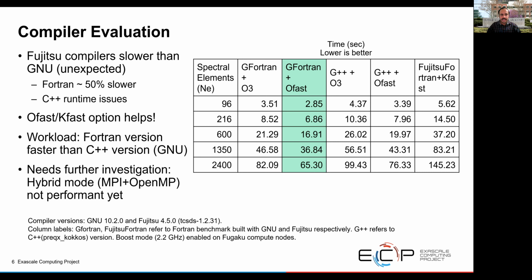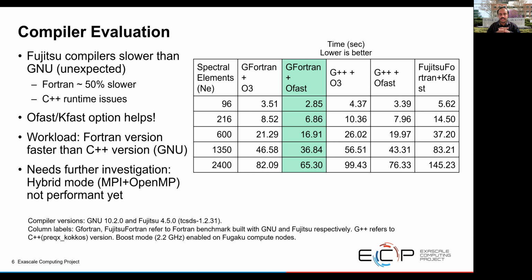But as it stands, GNU Fortran is twice as fast as Fujitsu Fortran for us. The C++ compiler does have some runtime issues; there are accuracy issues with the C++ runtime. Overall, Fortran outperformed our C++ version of the benchmark here.